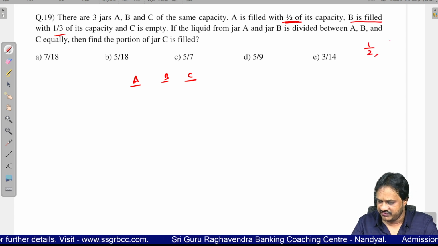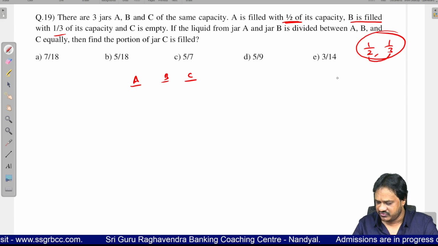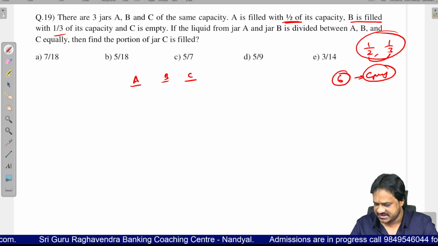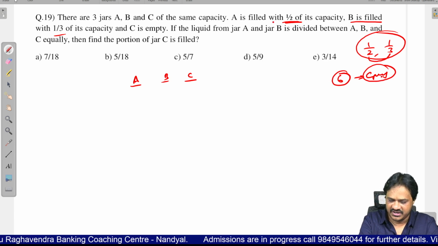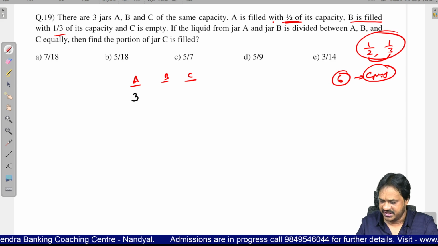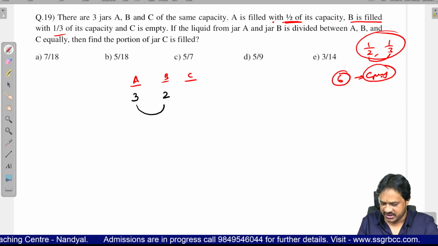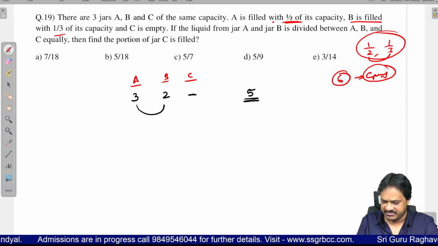If you take the LCM, what is the LCM of 2 and 3? 6. So let us take total capacity as 6 liters. A is half filled, it is 3 liters. B is 1/3 filled, it is 2 liters. Now what is 3 plus 2? Totally 5.